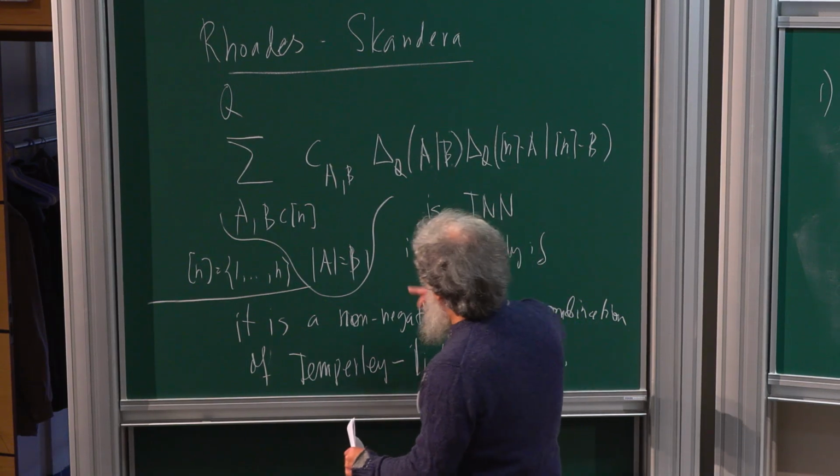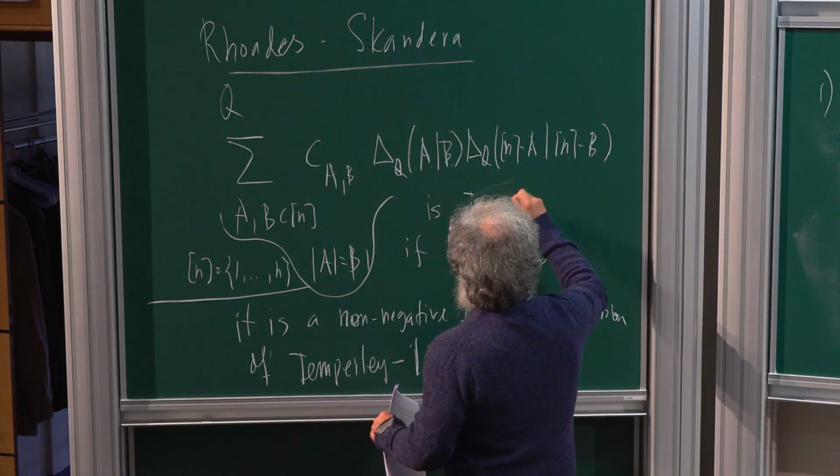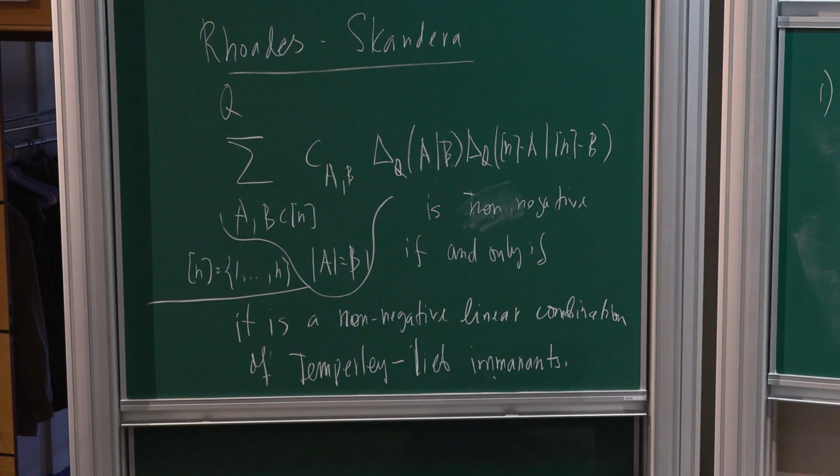It is just an expression, a polynomial. A polynomial is totally non-negative if, when you put a totally non-negative matrix inside, you get a non-negative number.